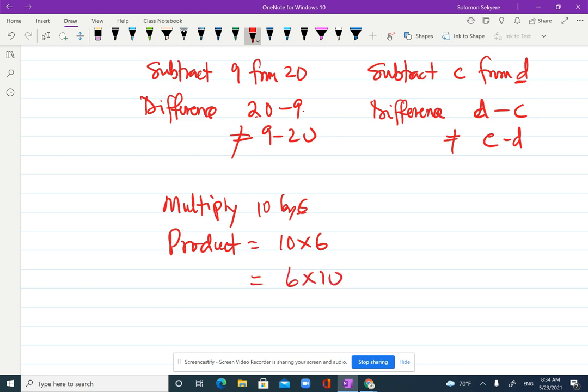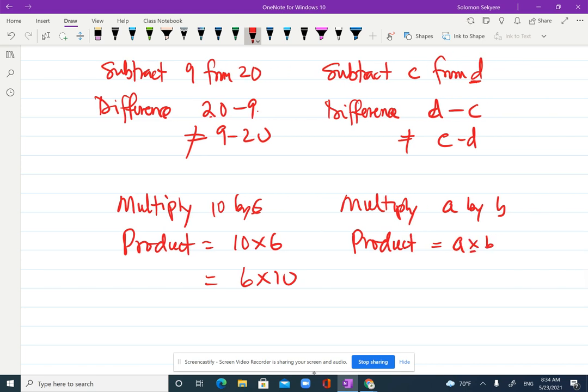In algebra, if you have multiply A by B, we say the product equals A times B, or simply we write AB.